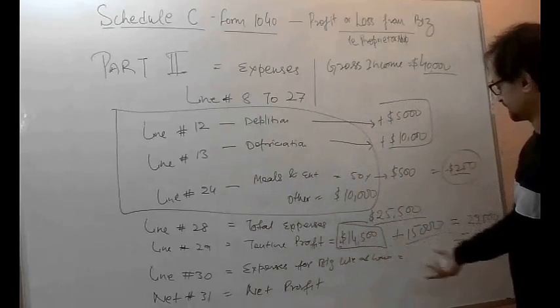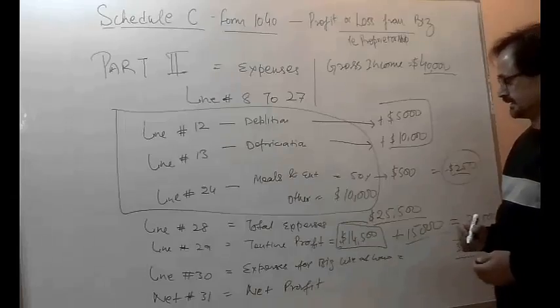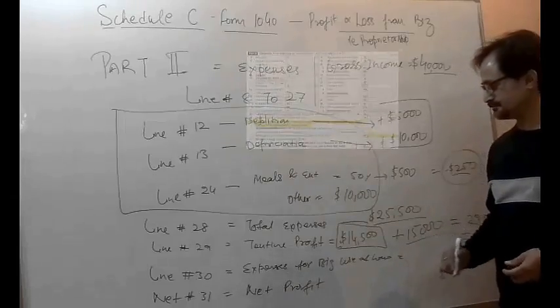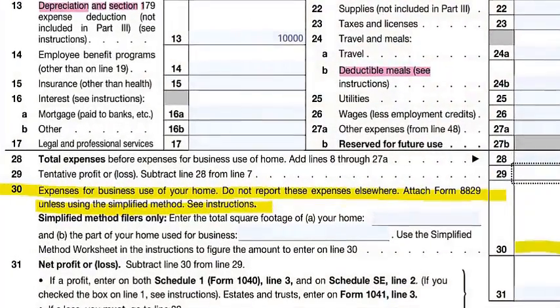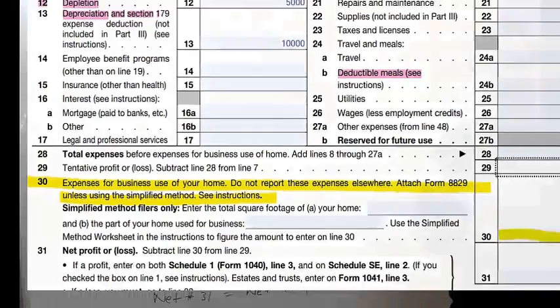Now there is line number 30. What happens in line number 30? In line number 30, let's suppose someone is working from home. If I am working from home, then I am going to give this address in part 1 at the top. This is my business address.